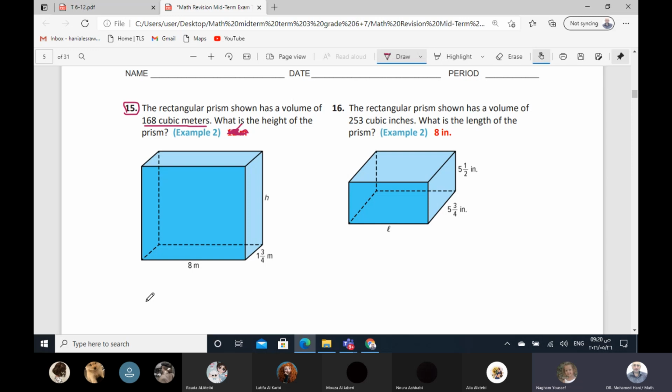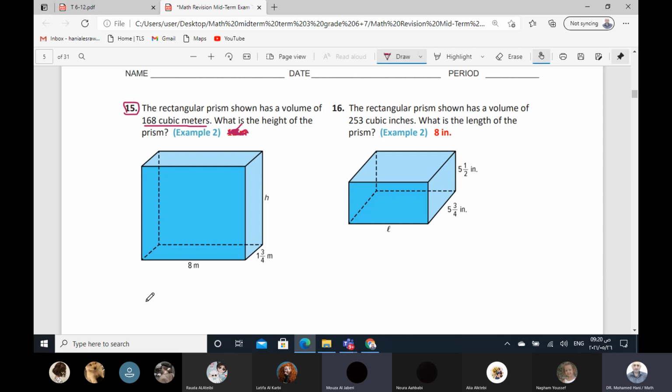Here is the answer, 12. Repeat your answer please. 12. Okay, thank you, Nagam. Who has a different answer? My answer is 12 too. Thank you, Alia. Who has a different answer?